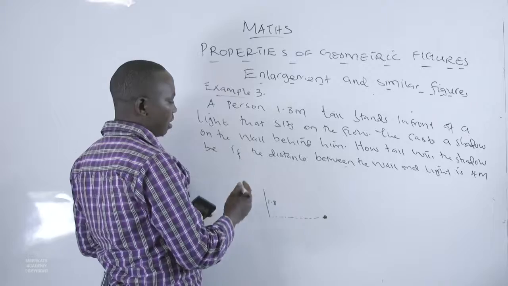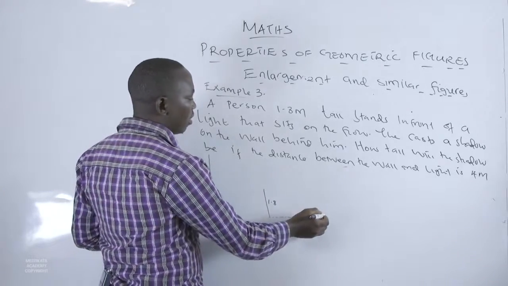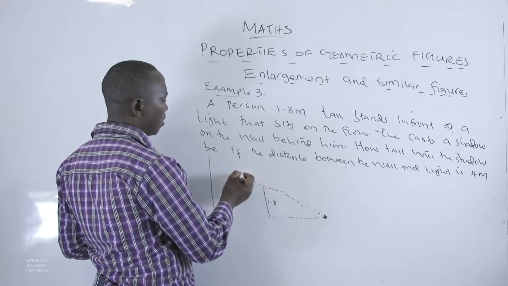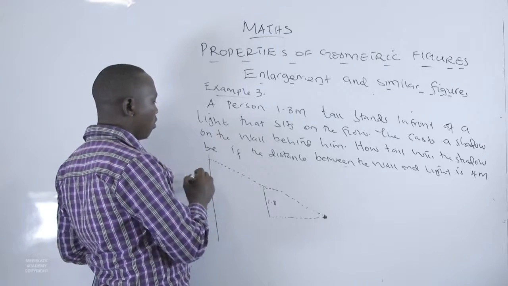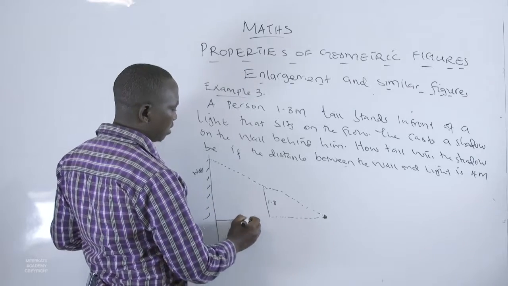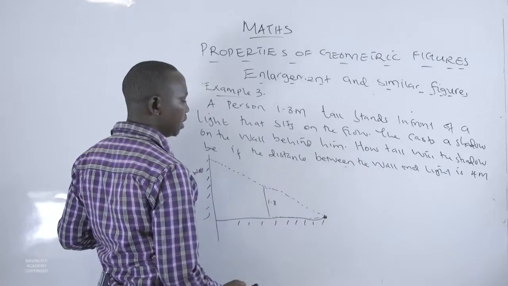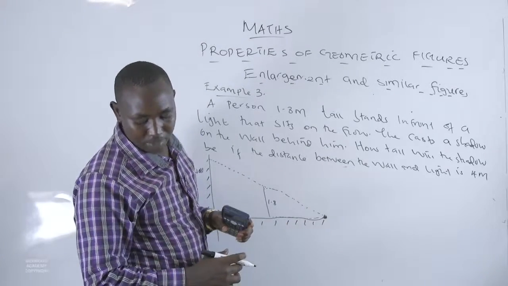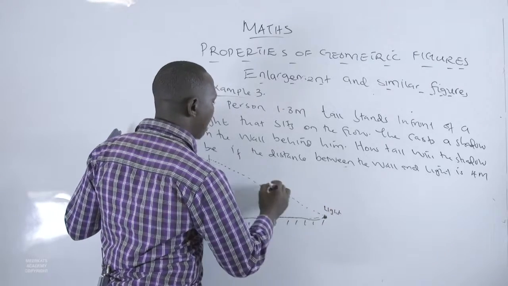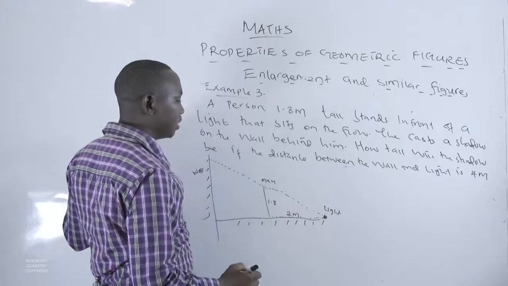So once those rays of the light begin hitting the man, he will cast a shadow on our wall. This is the ground, and we are told that the distance between the light and our man is 2 meters.